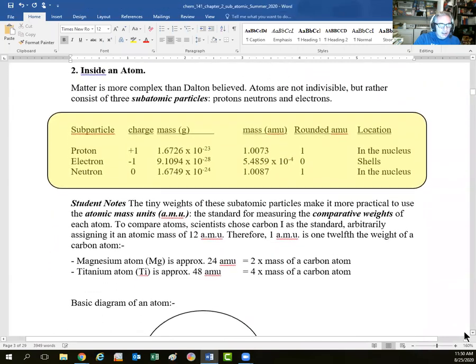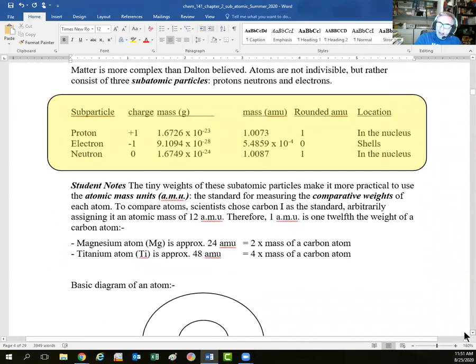So when we break down an atom, we find three basic kinds of subatomic particle: protons, electrons, and neutrons. Protons are positively charged and live in the nucleus. The neutrons are neutral and also live in the nucleus, while the electrons live outside the nucleus in layers that we sometimes refer to as shells.